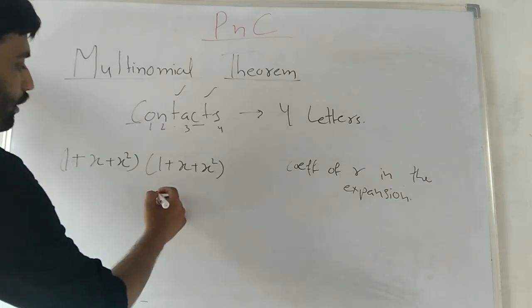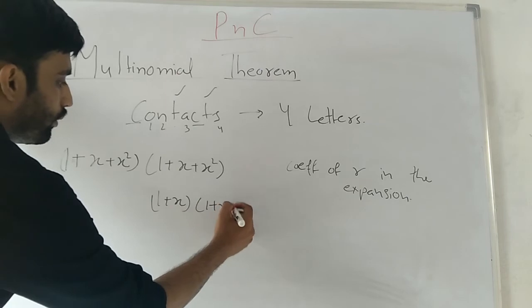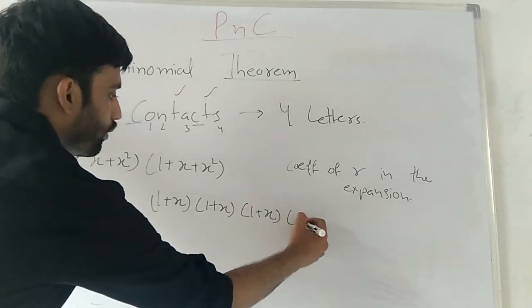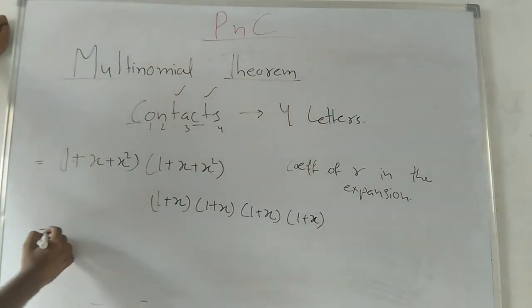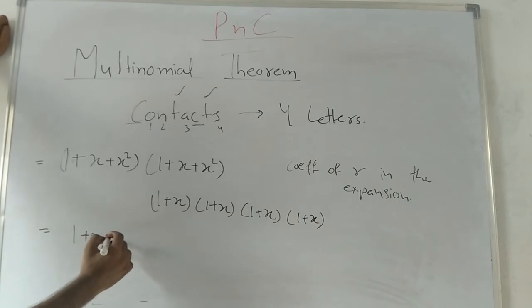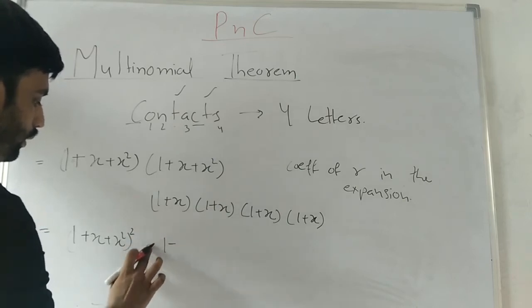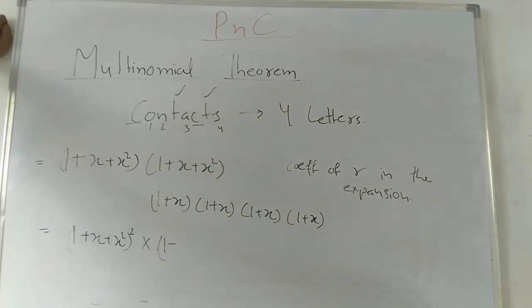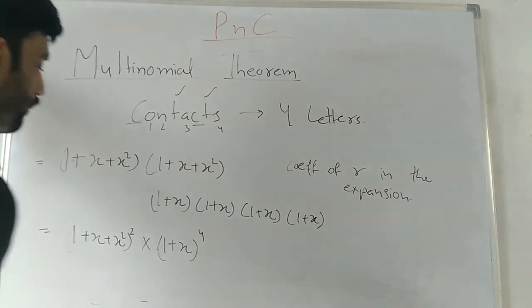So we will write it as 1 plus x, 4 times, because repetition is only once. After combining it, we will get (1 plus x square) to power 2 into, I mistakenly wrote plus, but the correct will be multiplication, (1 plus x) to power 4.